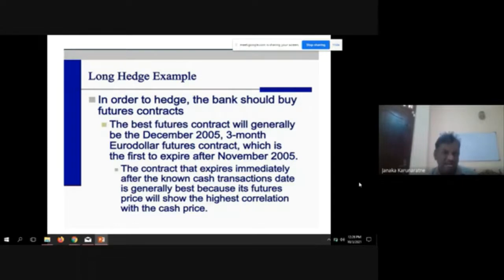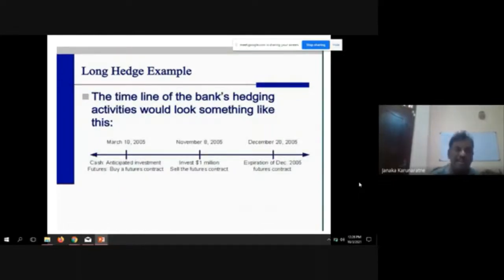Now, when you go to a standardized futures market, you can't match your requirement the same way you want, right? Exactly. See, if you have a futures contract maturing in November, you are fine. But here it's in December, which is the closest, right? So if you look at the timeline, in March 2005, March 10, you anticipate investment of cash, but in November, okay?